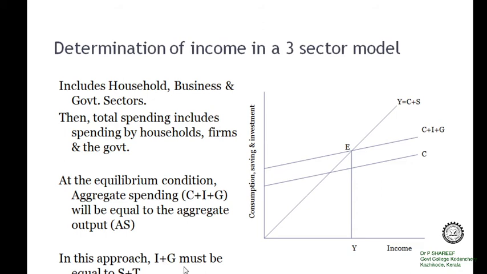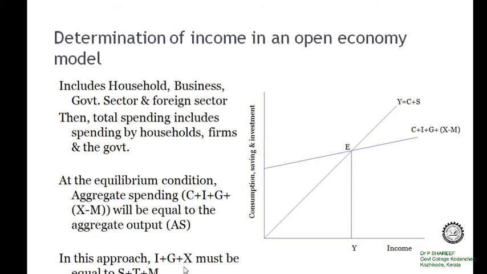government expenditure. Now, by considering an open economy, there exists the household sector, business sector, government sector, and foreign sector. The equilibrium condition is aggregate spending equals aggregate output.